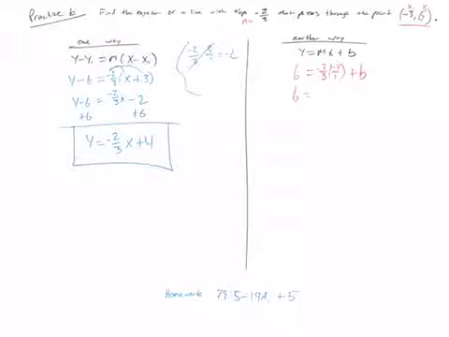So I have 6 is equal to positive 2 plus b, subtract 2 from both sides, and I get 4 is equal to b, which is my y-intercept. So then I'll plug that in. y is equal to mx, negative 2/3 x, plus b, which is 4.